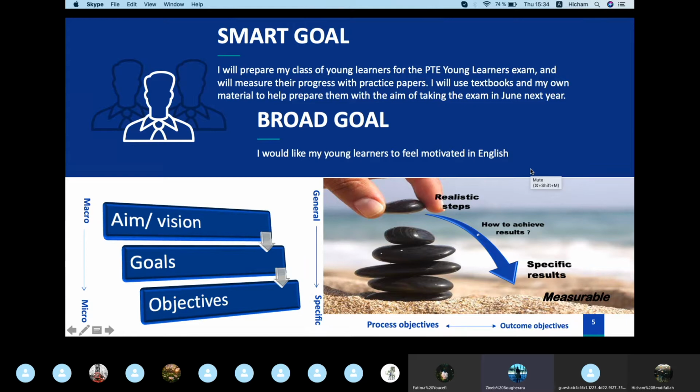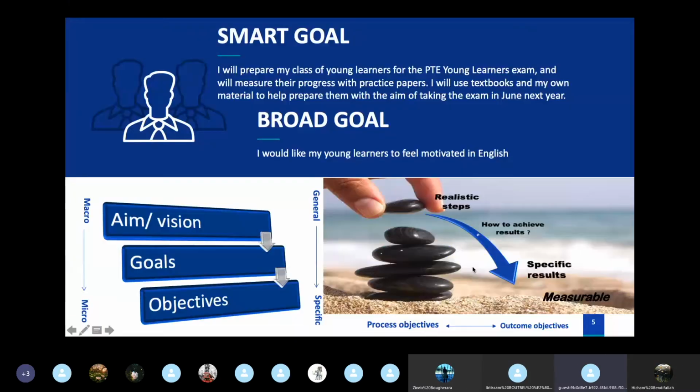In the ELT context, the broadest vision, I mean here the aim, is regarded as a vision, as clarified by Hicham a few minutes ago. So we think of it from general to specific.